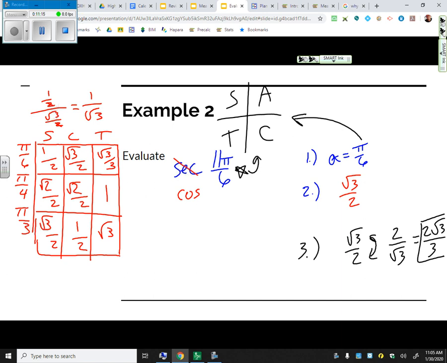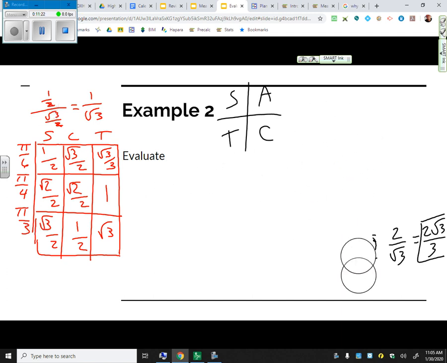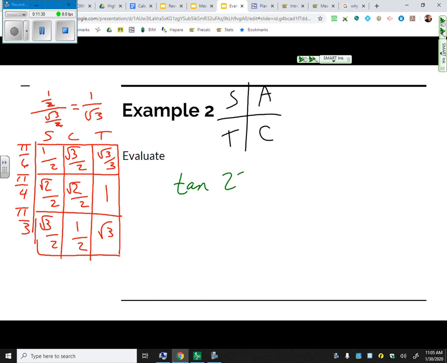Let's try it again. I want to do one this time. I'm going to do tangent of 225 degrees.